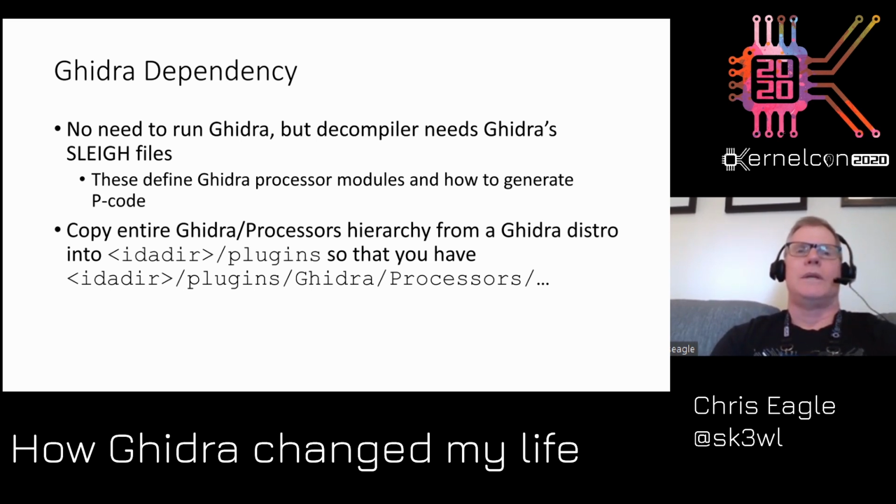And the decompiler consumes these files to understand how to generate P-code for each instruction in the architecture. So we've got to make sure we have those available to us.